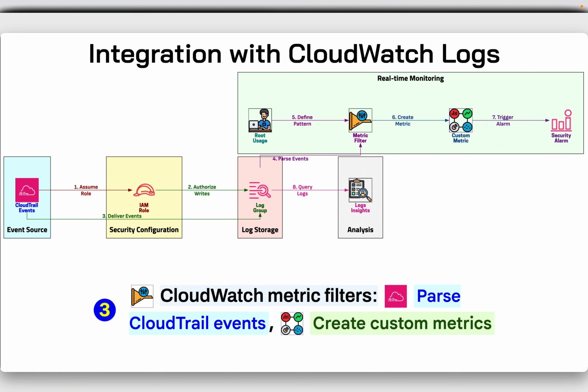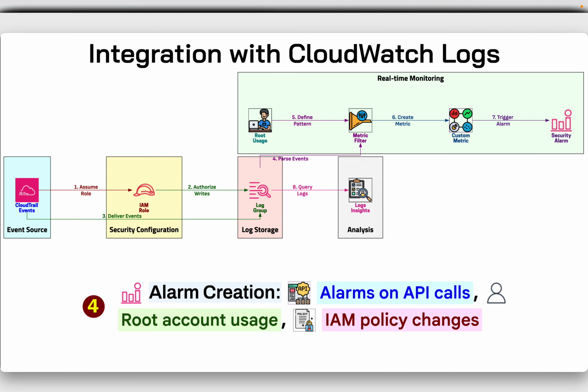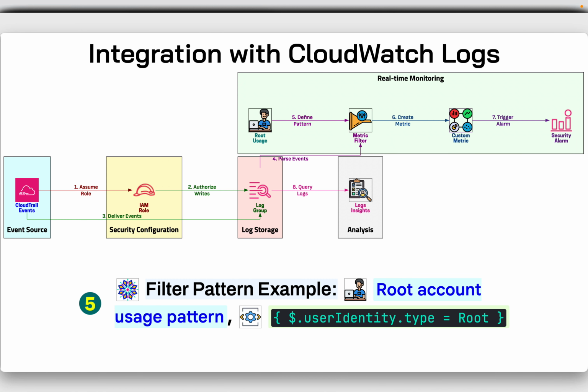CloudWatch metric filters can pass CloudTrail events to create custom metrics. You can create alarms based on specific API calls such as root account usage or IAM policy changes. A common metric filter pattern for root account usage is: $.userIdentity.type = Root.